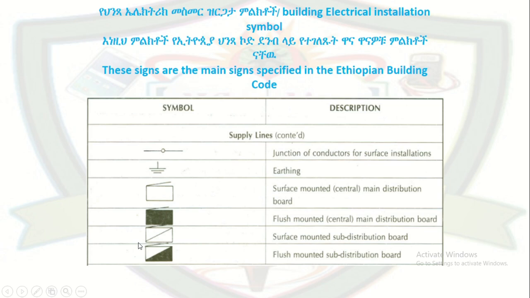When we align at half of the rectangle, we call it sub, as the name indicates, sub distribution board. For example, if this is the main distribution board, okay? When aligning half of this triangle, we call it sub, as the name indicates, sub distribution board.